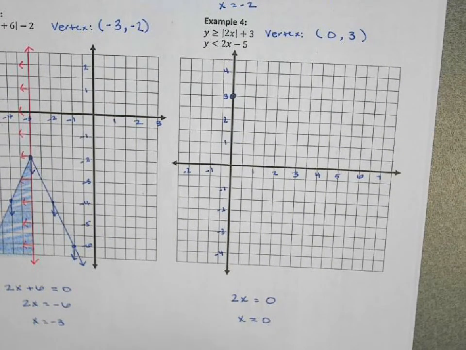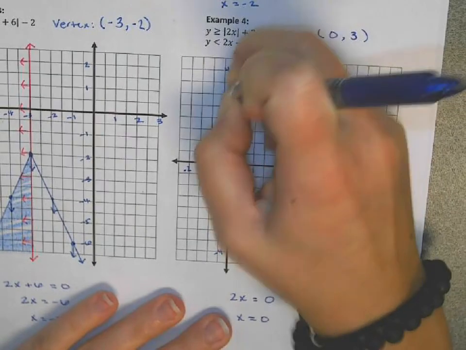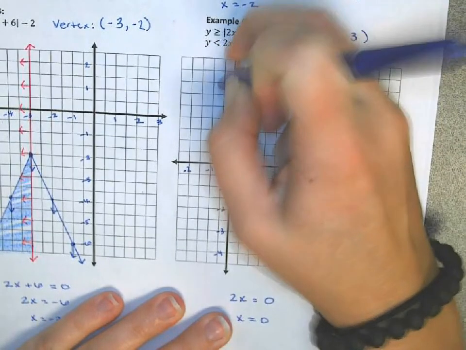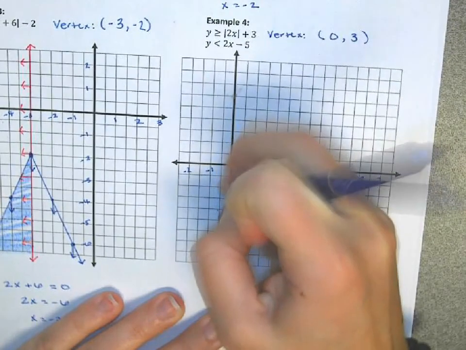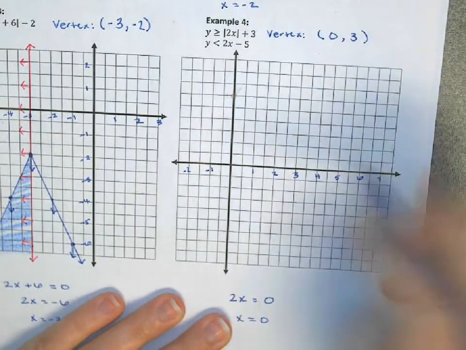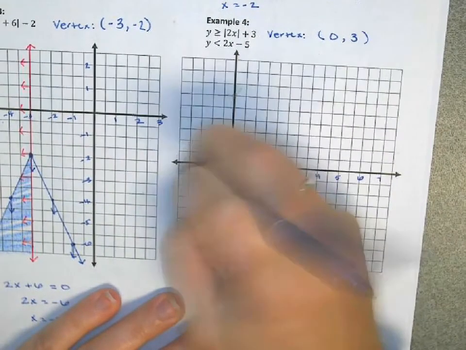Oh, I lied. I didn't want to go up by halves on this one. Otherwise, we're going to run out of room because we have to go up. So on your y scale, go up by ones, not halves. I lied on that. Sorry. Actually, all of this scale will just go up by ones.